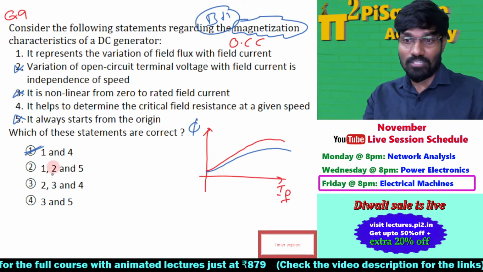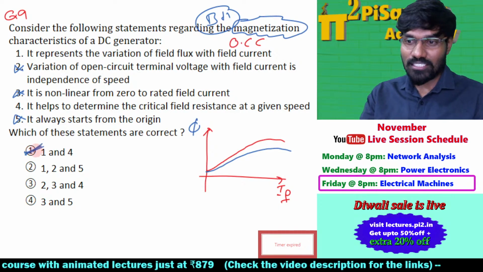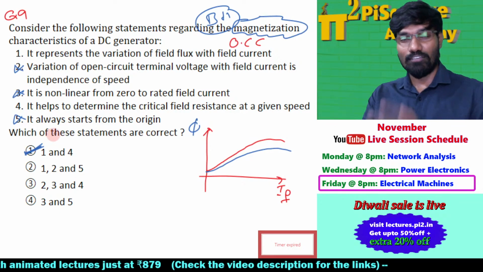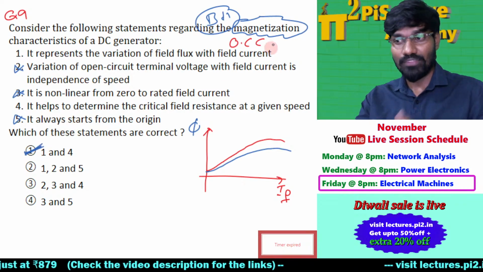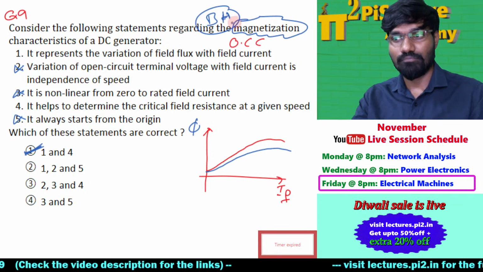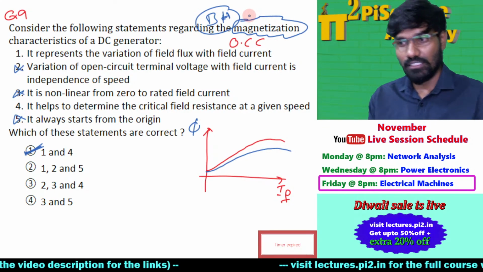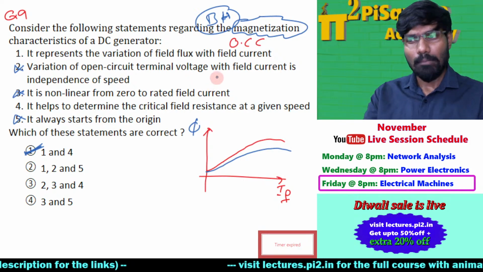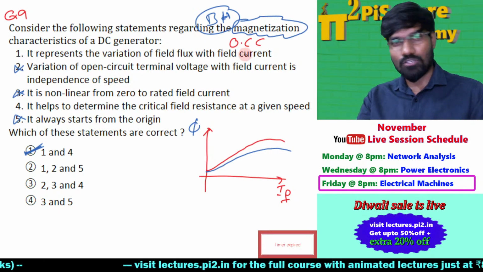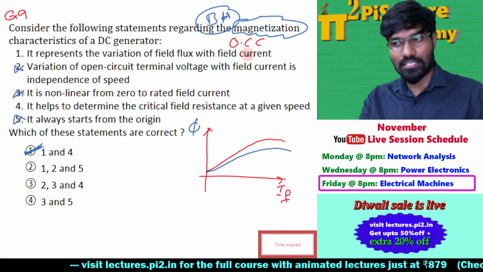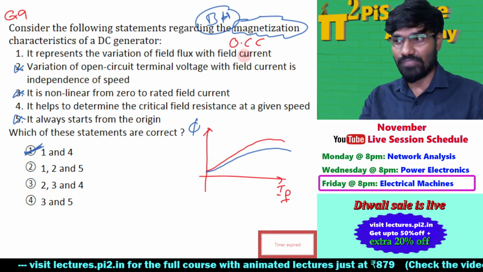Because I have options here, I'm choosing this option. That's more relevant because I had to choose one option here, right? So I'm choosing this option by considering this is a BH curve or magnetization curve. Okay, magnetization characteristics. But usually, in case of a DC generator, open circuit characteristics, magnetization characteristics, and no load characteristics all mean the same. Usually that's what we consider. Anyways.